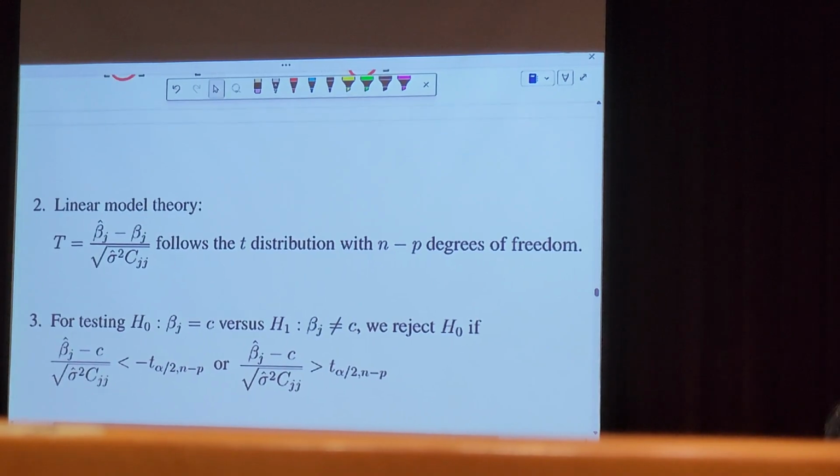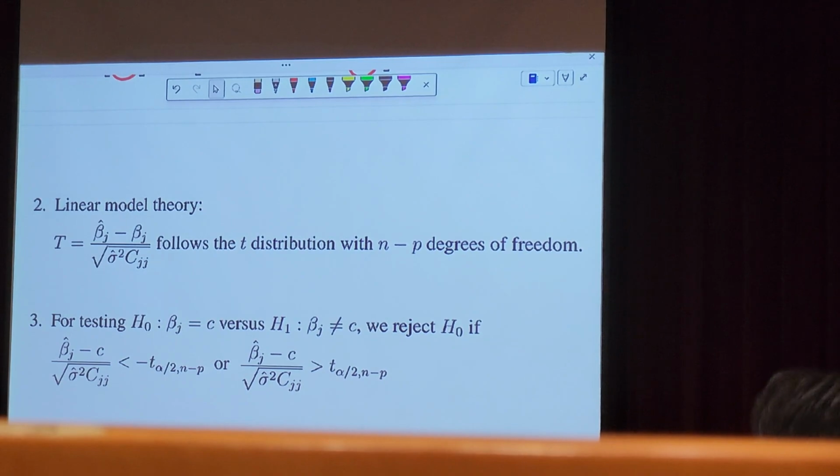So according to linear model theory, again, I'm not giving you the proof yet. You do some of this in tutorial. Maybe some in exam, I don't know. I will set the exam question.